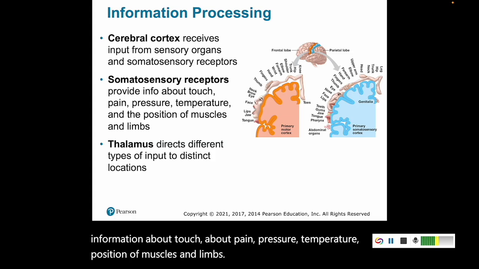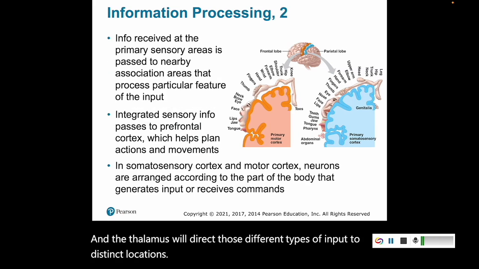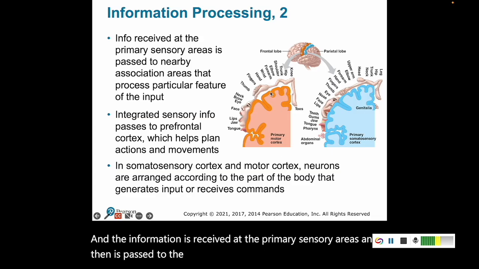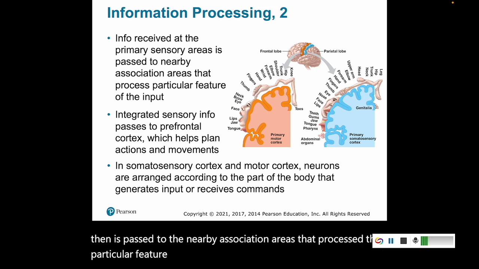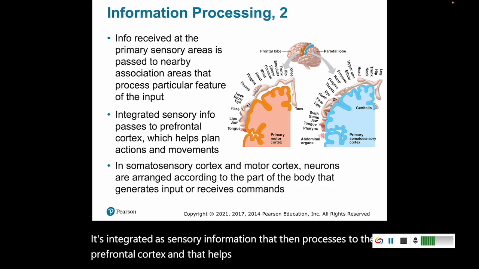And the thalamus will direct those different types of input to distinct locations. The information is received at the primary sensory areas and then is passed to the nearby association areas that process that particular feature of the input. It's integrated as sensory information that then passes to the prefrontal cortex, and that helps plan actions and movements.